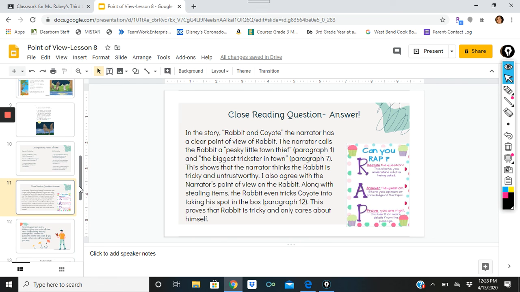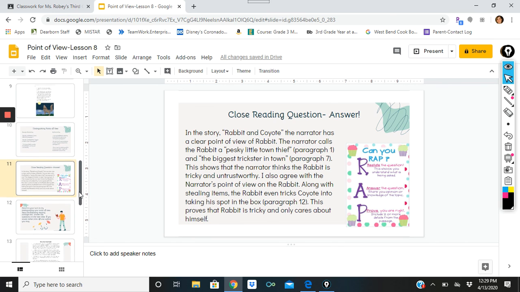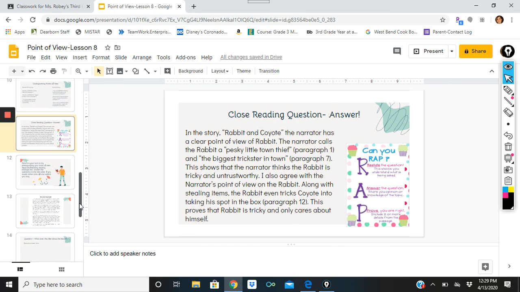For example, Thomas really hates vegetables. He will not eat them, but Miss Roby does. So our points of view are different, and that's okay. So make sure as a reader, you are able to see, does this narrator agree with what I agree with? Or maybe we have a different viewpoint, and that's okay too. You just got to make sure you're respectful if you agree or disagree.